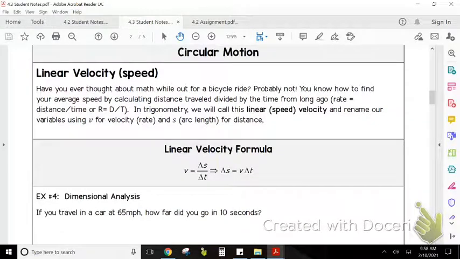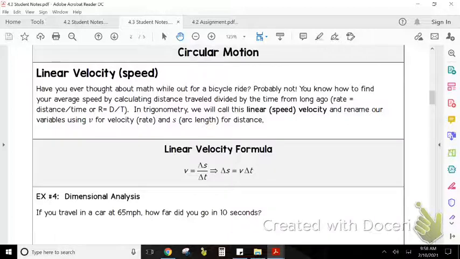All right, so circular motion, linear velocity or speed. It says, have you ever thought about math while out for a bicycle ride? Probably not. You know how to find your average speed by calculating distance traveled divided by time from long ago. Remember that rate is equal to distance divided by time, or r is equal to d divided by t.